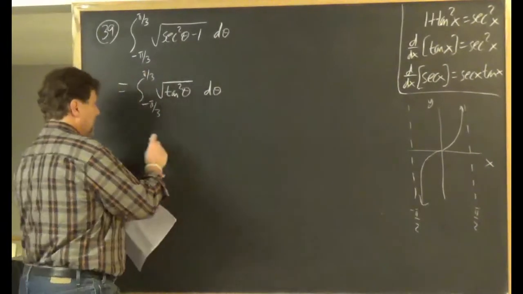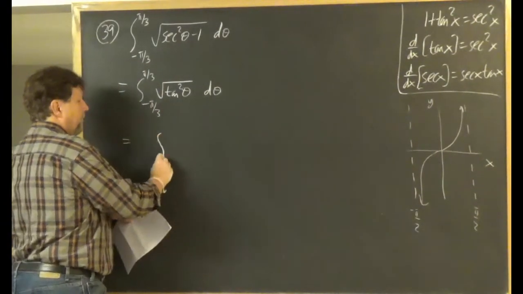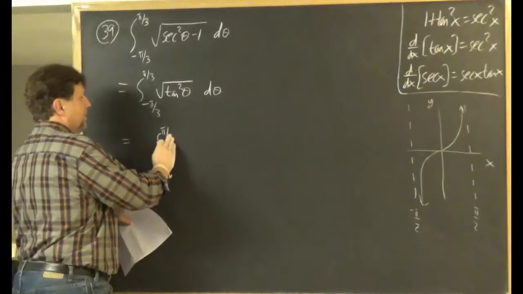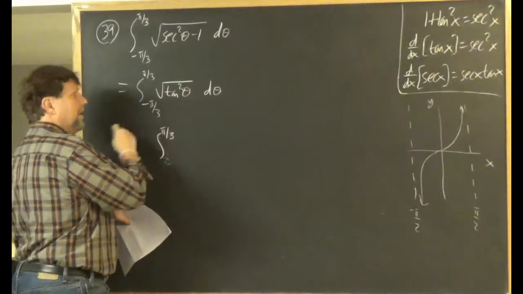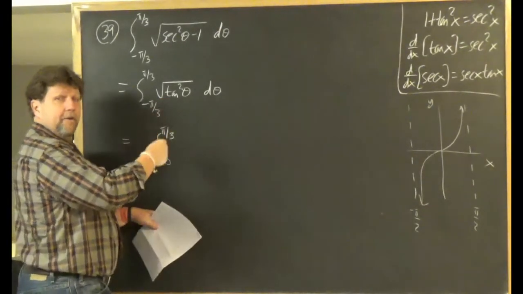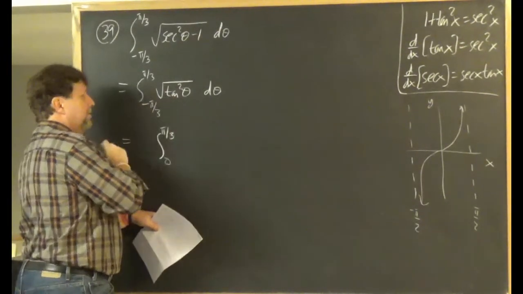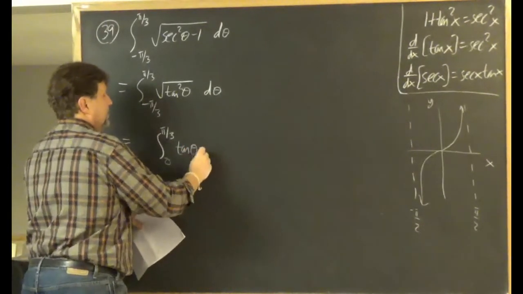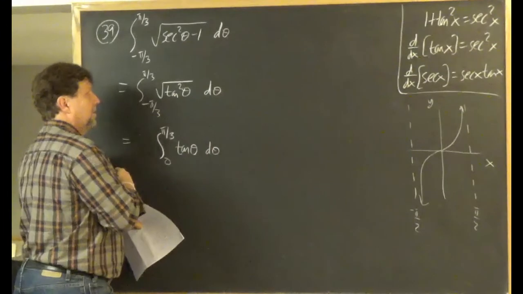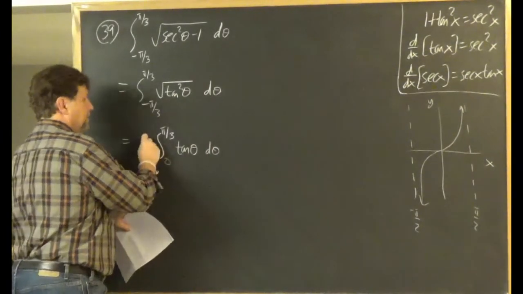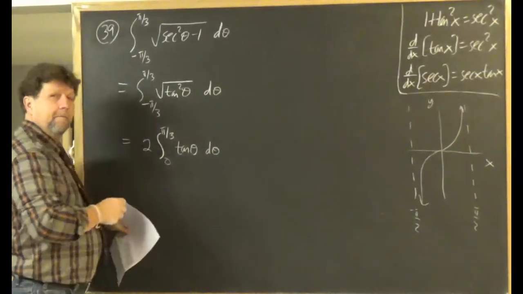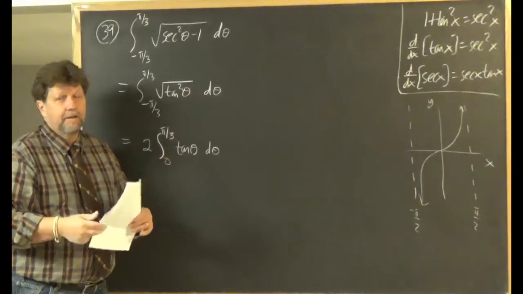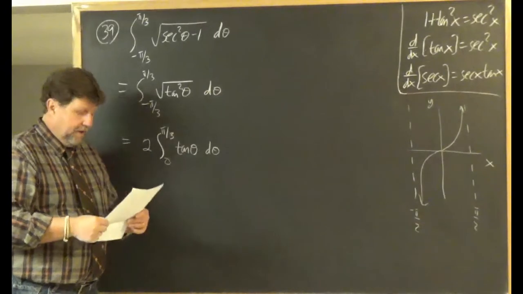So I might want to think about integrating from 0 to pi over 3, and say on that interval the square root of tangent squared is tangent. Then I'd have to put a 2 out front. I'm making use of some properties of integration.